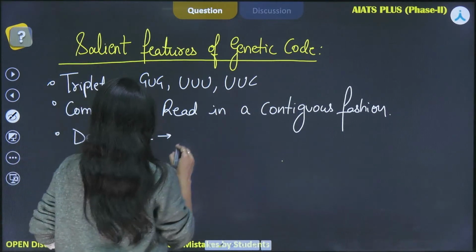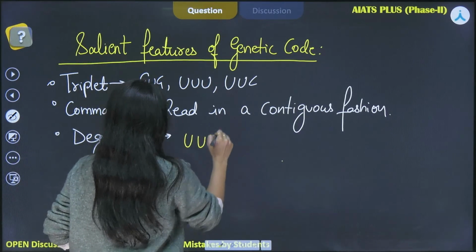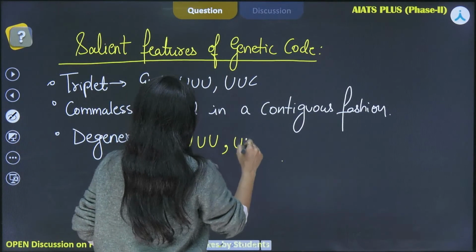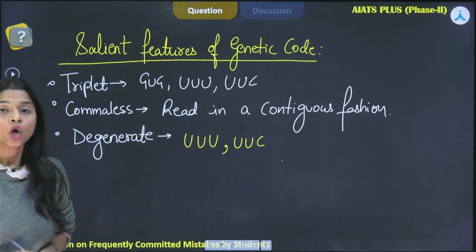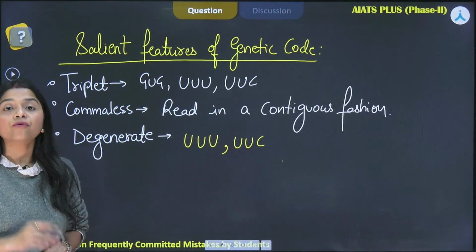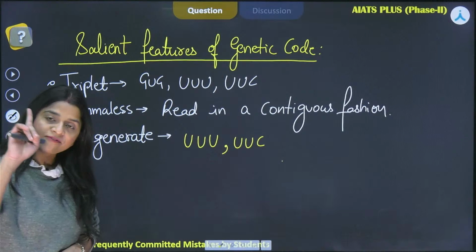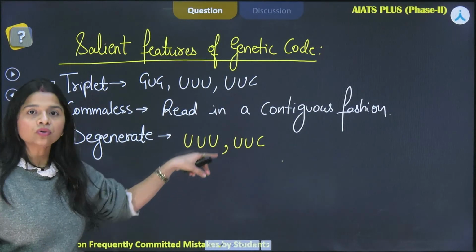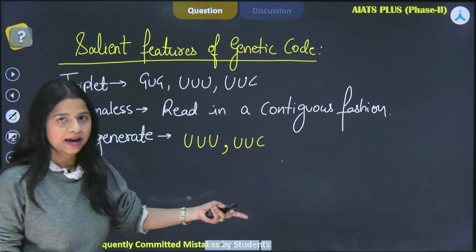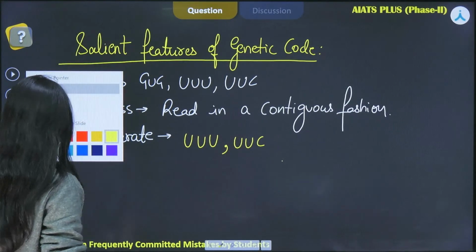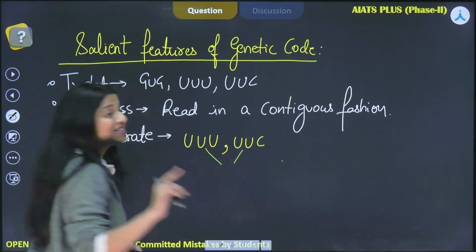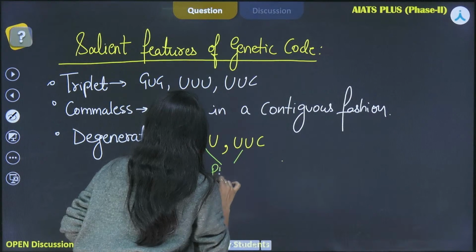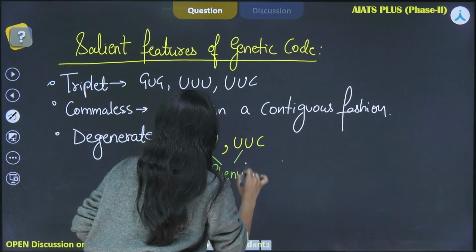Let us say I have UUU, and I have UUC. Both are going to code for phenylalanine. Only one amino acid I am speaking of, but the codes are two. That is UUU and UUC in this particular example that I am taking. So both of them are coding for a single amino acid, that is phenylalanine in this case.